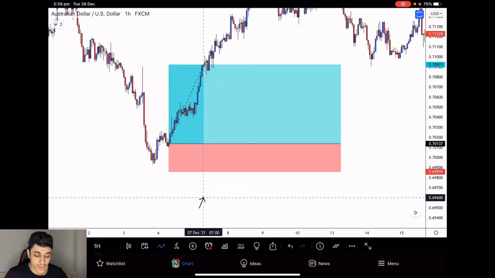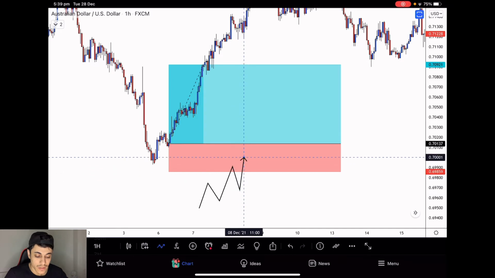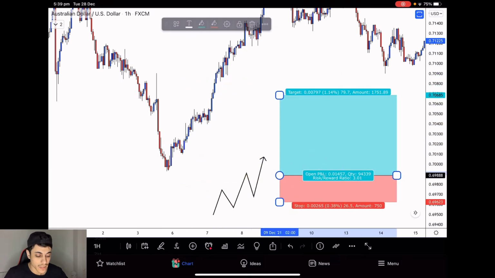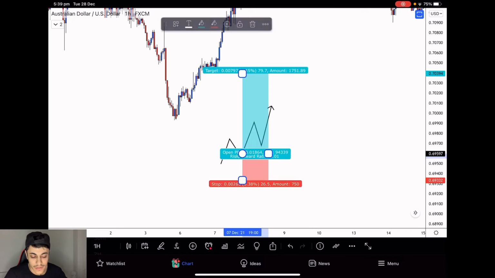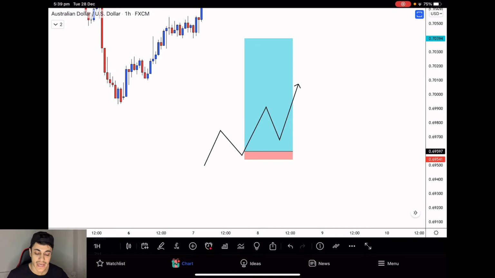Let's say market moves in higher highs and higher lows, right? So your stop loss needs to be, let's say you enter right here. Your stop loss can't be there. It just can't, all right? It doesn't make sense.